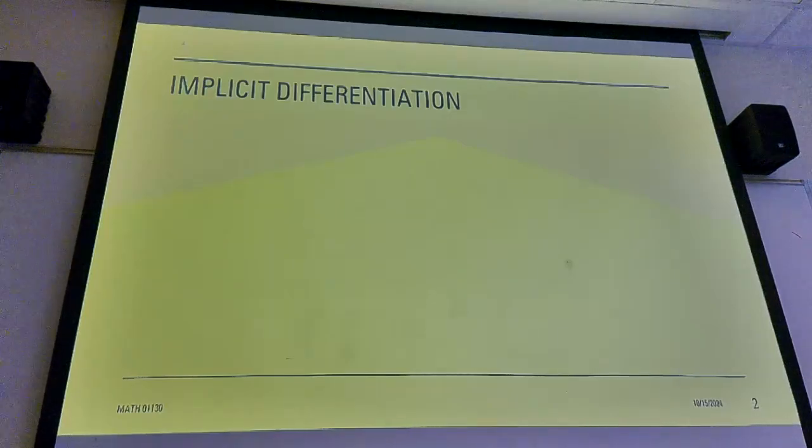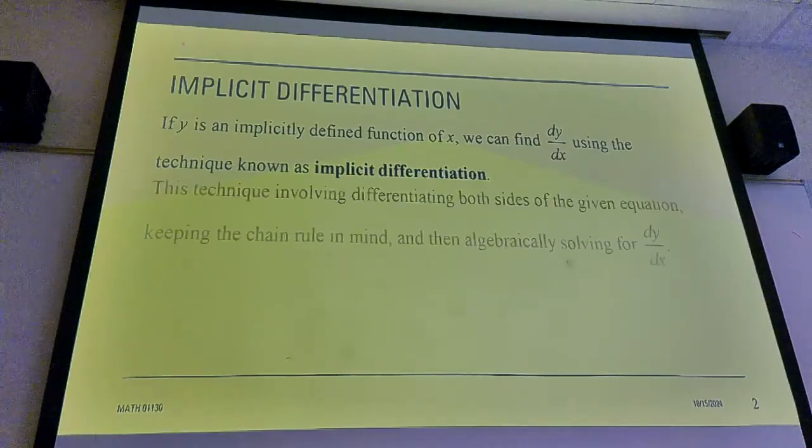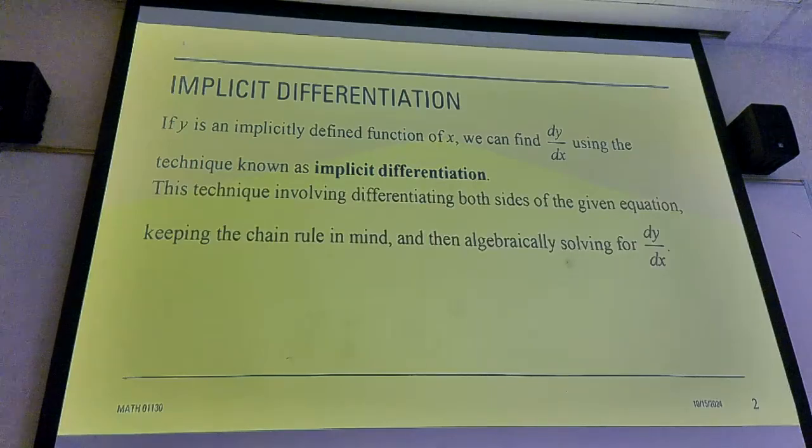Right, so this is the technique that we use if y is implicitly defined as a function of x. What we do is we just differentiate both sides of the given relation and then algebraically solve for dy/dx.